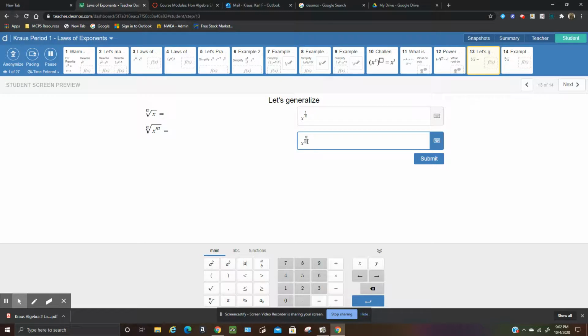So the exponent in the numerator, the root in the denominator. Or you could say this. So exponent in the numerator, a root in the denominator.